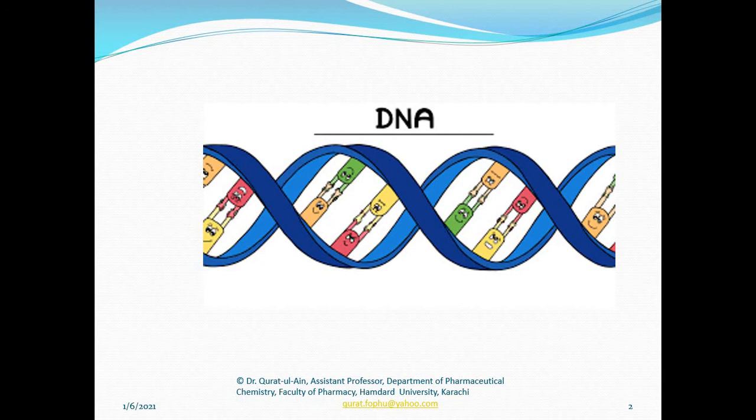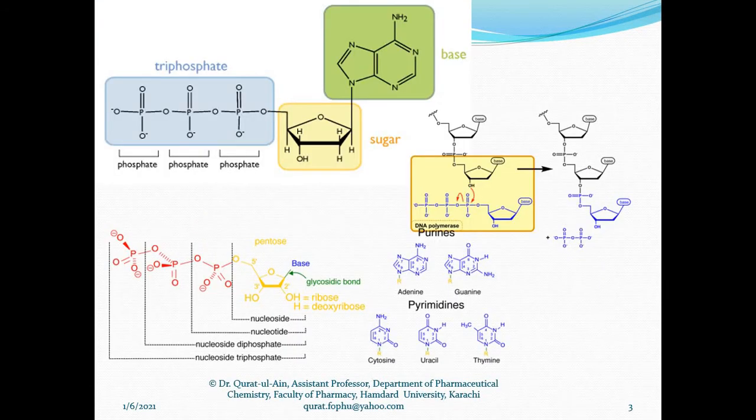So DNA is a polymer of nucleotides. And what is a nucleotide? A nucleotide is the basic unit of DNA, and it is made up of three basic parts: one is the base, one is the sugar, and one is the phosphate group.